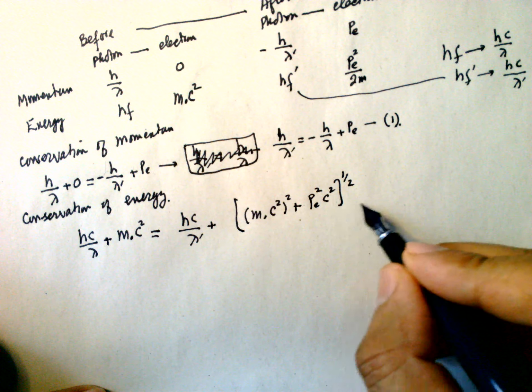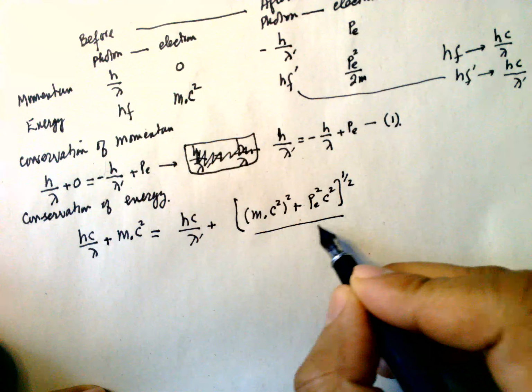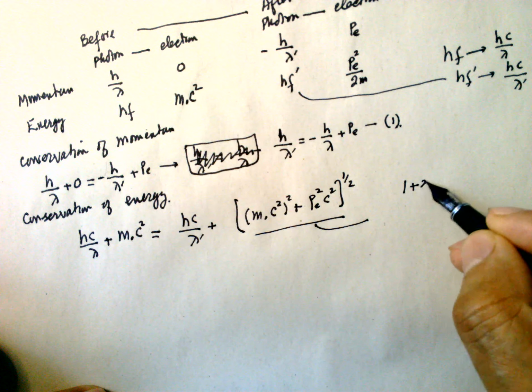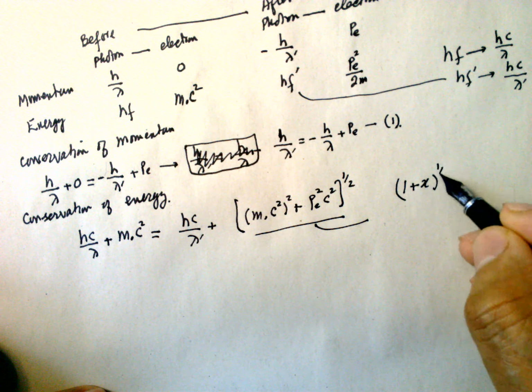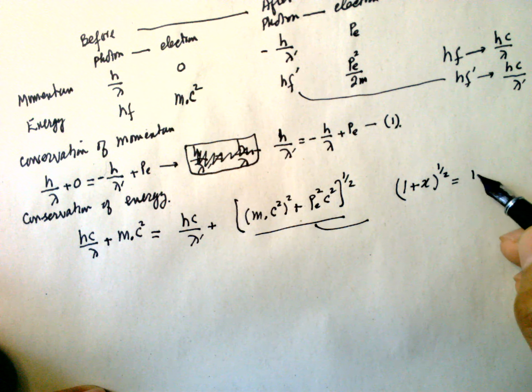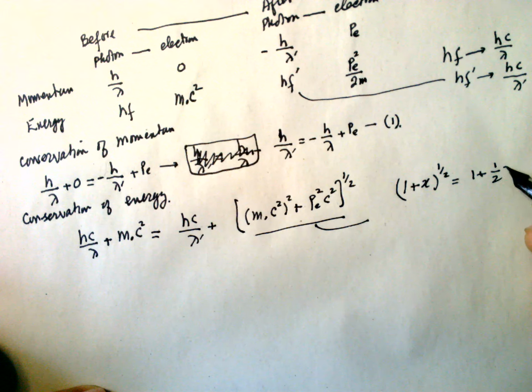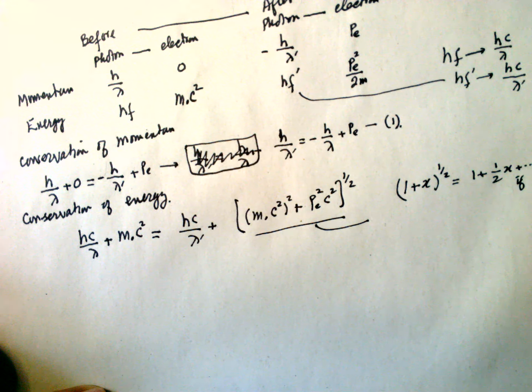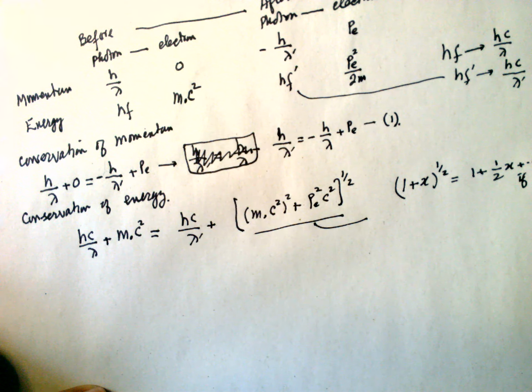And here for this term, we can approximate. We use 1 plus x raised to the power 1 over 2 is equal to 1 plus 1 over 2x and so on, if x is very, very small compared to 1.